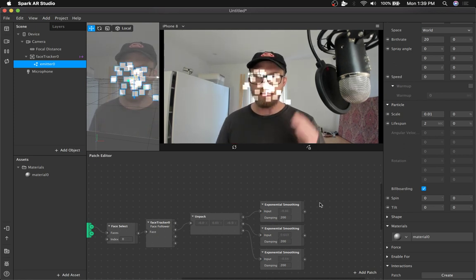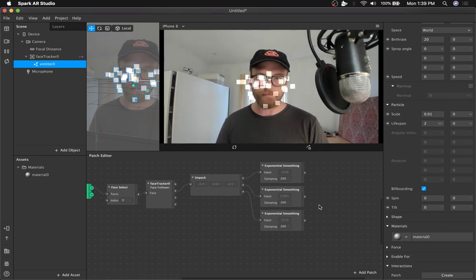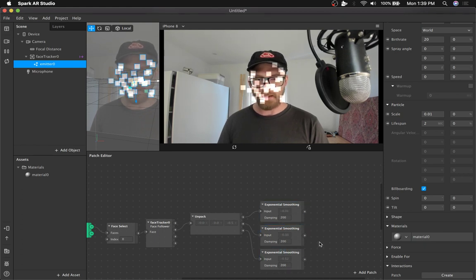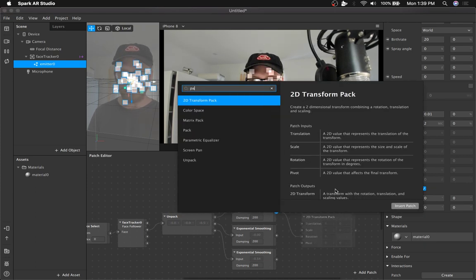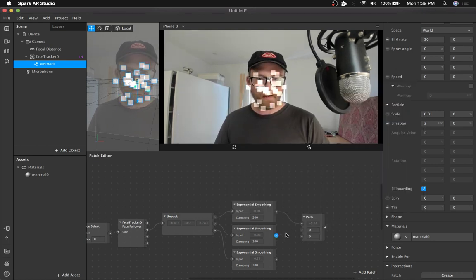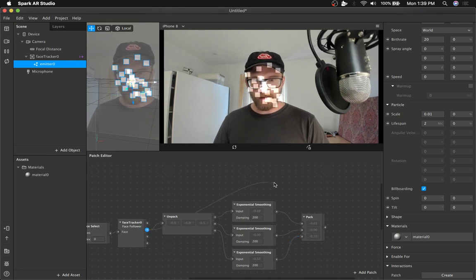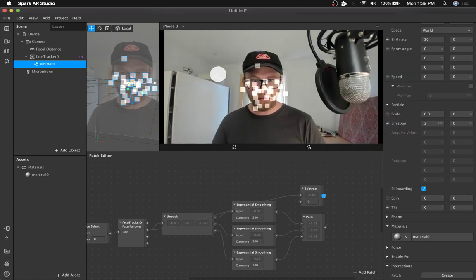But if you want it to be more accurate or tighter, more responsive, I don't know, you can lower that number. And then I'm just gonna go and pack that right back into vector 3 and then subtract from the current position.